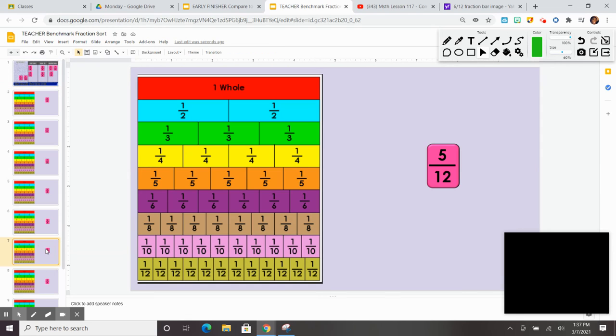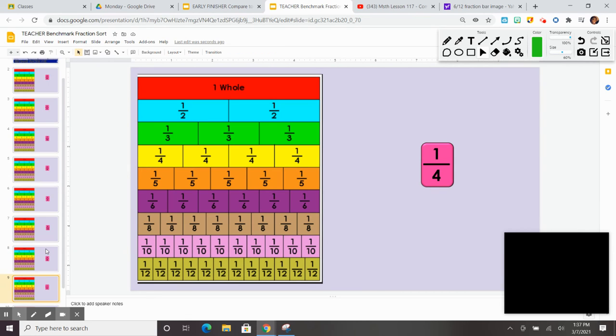So let's look at how that looks using our fraction strips. I'm going to do a different color. Purple. All right, so I'm looking for 1/4. Here is 1/4 right here. Here's 1/2.